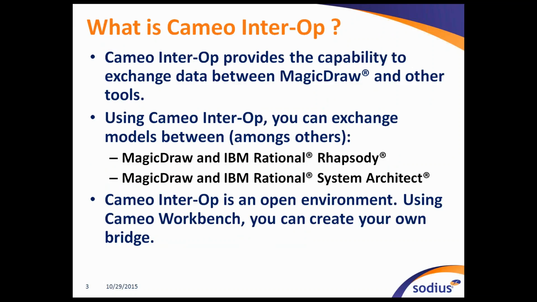Something that you must know is that Cameo Inter Op is an open environment. It's possible to use Cameo Workbench. I will do another webinar on Cameo Workbench in December, and this tool can provide you the ability to create your own bridge.